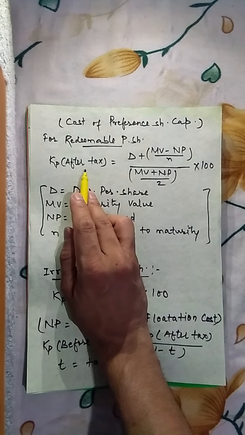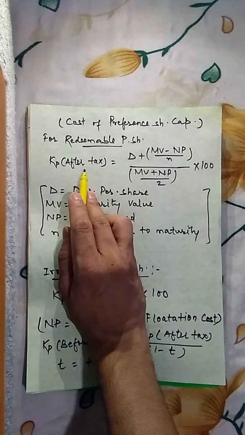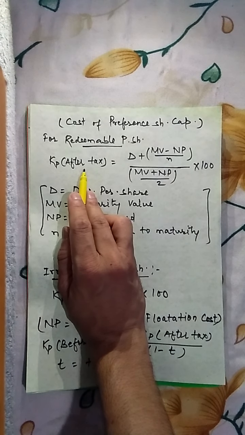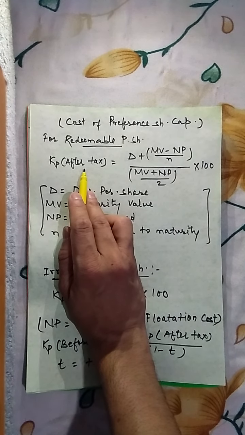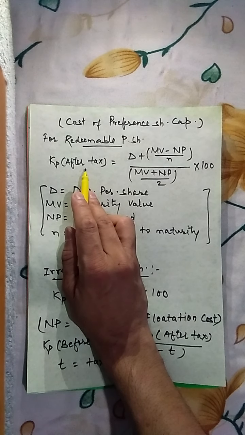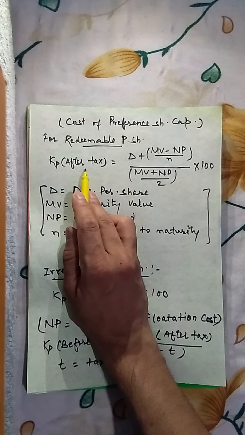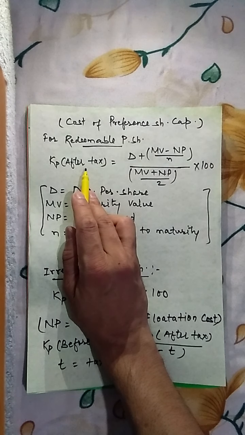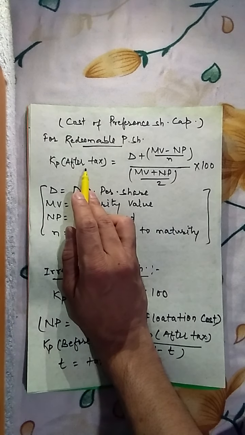And why so? This is actually just because of a particular reason, and that is that dividend paid on preference share capital is not deductible for tax purposes. In case of debt capital, interest is a deductible permissible amount for tax purposes.